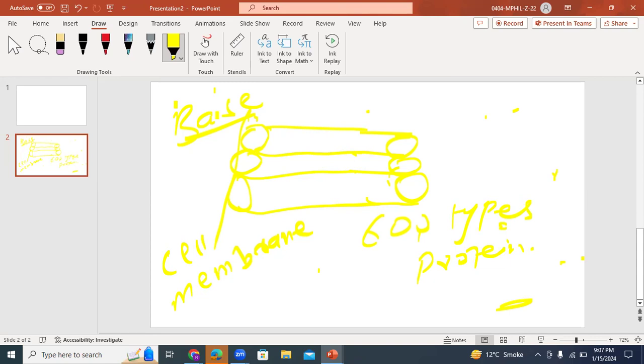Can we locate in humans where these cilia are present? Cilia in human beings are in the trachea of your respiratory tract and the gut, the digestive system. I'm talking about cilia, not flagella. Flagella is present in many unicellular organisms.